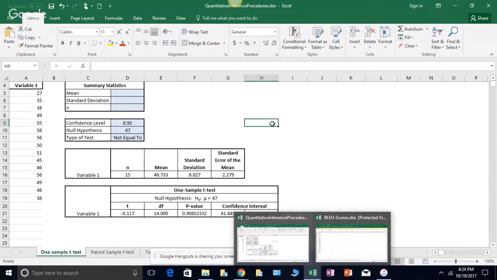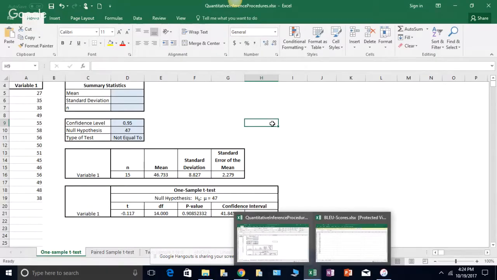By doing 47, you're taking that as the null hypothesis: mu equals 47, and the alternative hypothesis is mu not equal to 47. So we took that sampling from there.